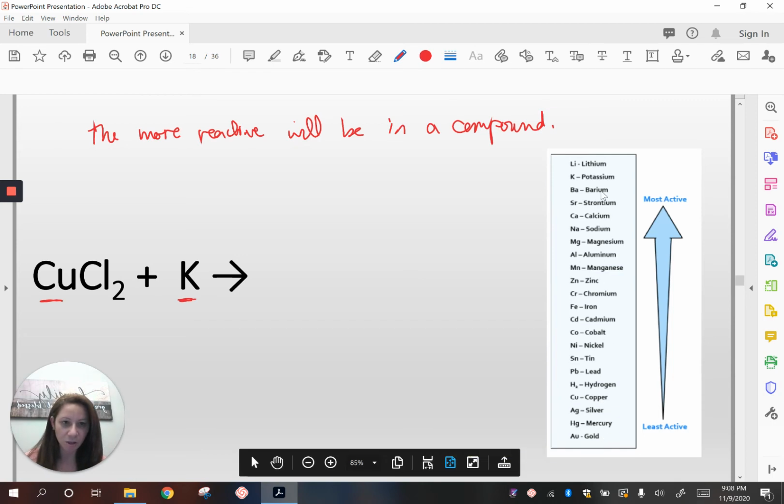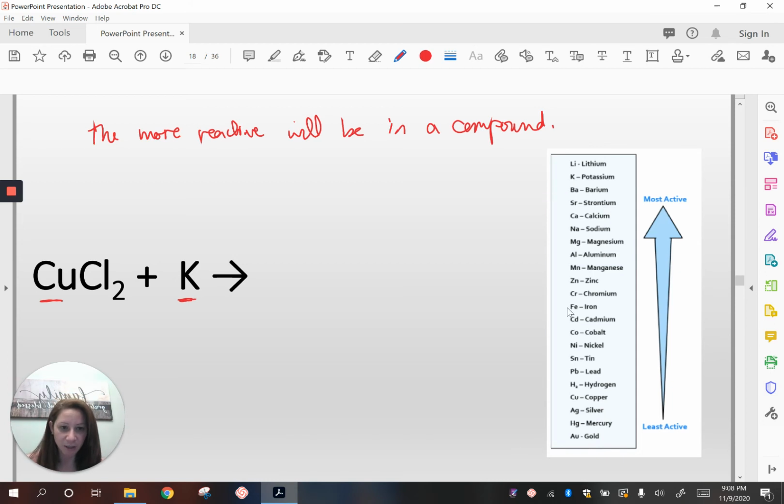Potassium is right here, pretty reactive. Let's see if we can find copper on this list. Copper is down here. So you ask yourself, which one's more reactive? Potassium is more reactive based on the activity series.